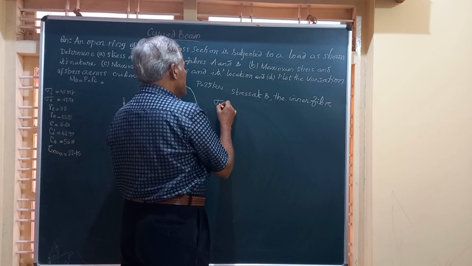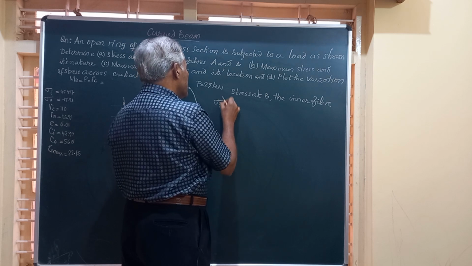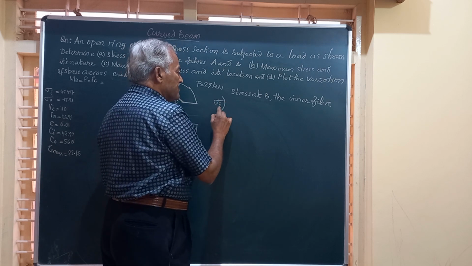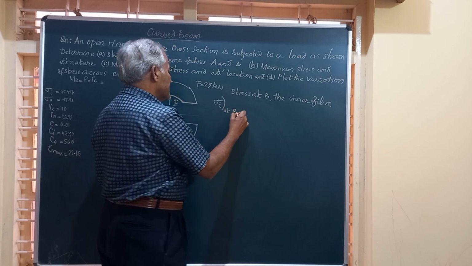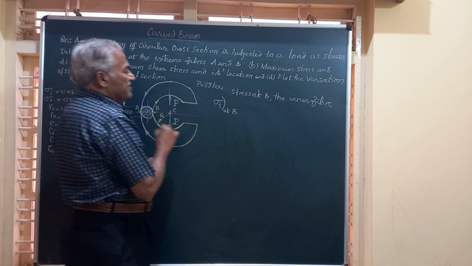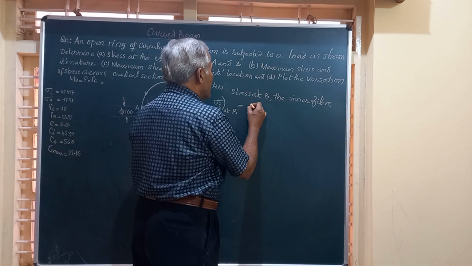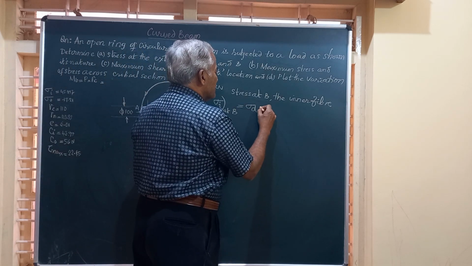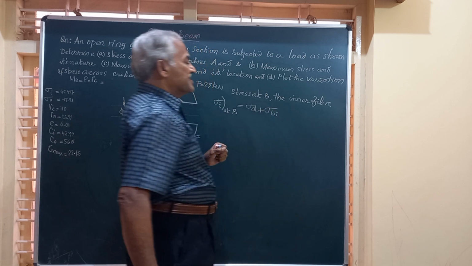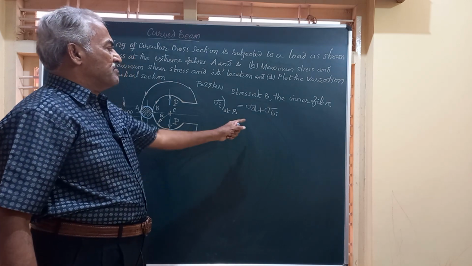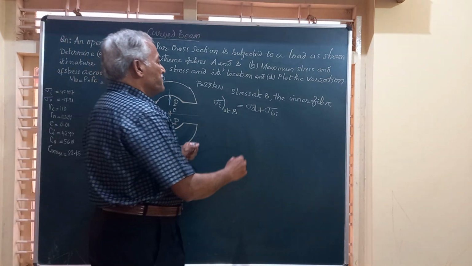I can call it sigma I, stress at the inner fiber, that is at B. Inner fiber is B, outer fiber is A. It is given by the formula sigma direct plus sigma bending at the inside fiber, sigma D plus sigma Bi.